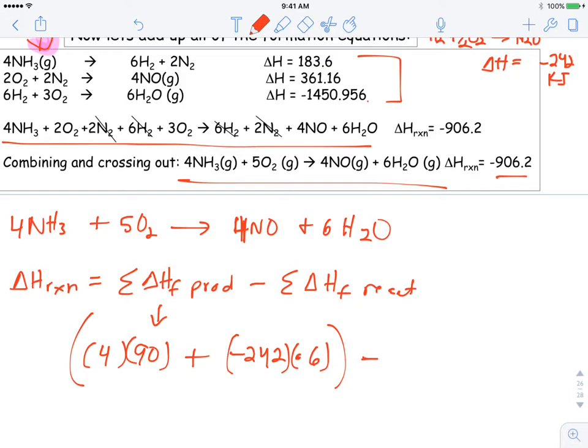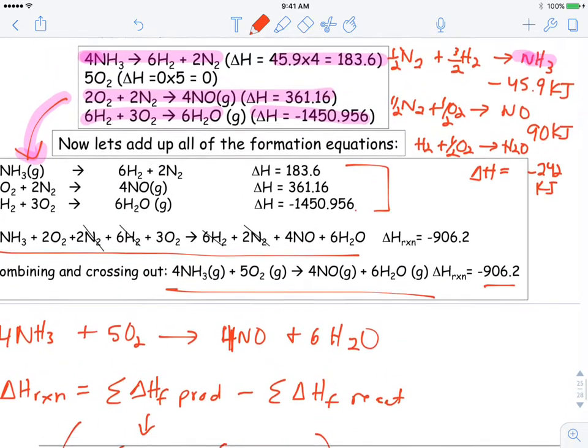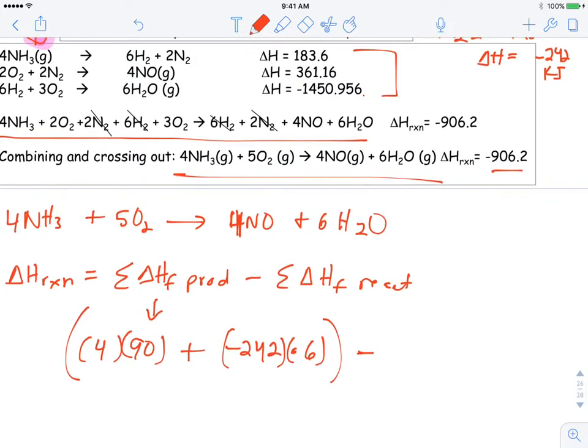Minus my reactants. My reactants were NH3. NH3 was negative 45.9 times 4. My oxygen is not included because, well, it's an element. When I do this simple math out here, I will get negative 906.2 kilojoules.